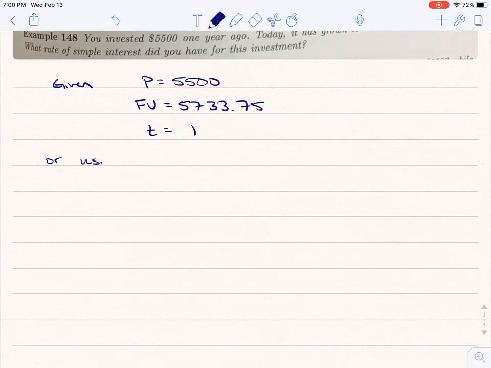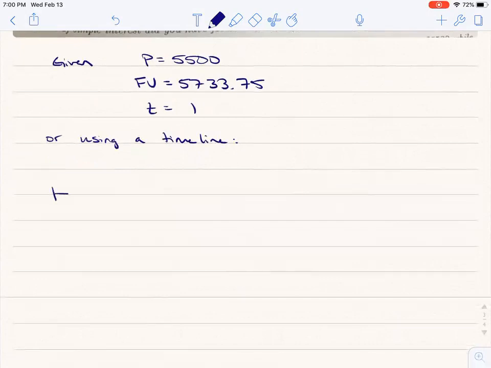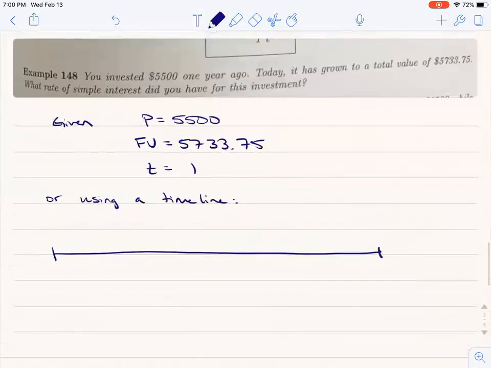Using a timeline, we've got a start and an end point. There's really only a year ago and then today. So 1 year ago and today. And picking out what dates are involved can be tricky.